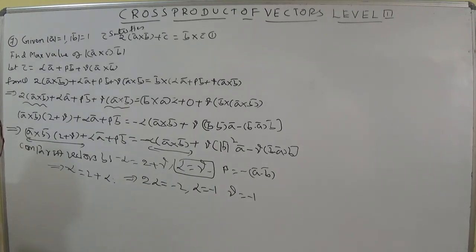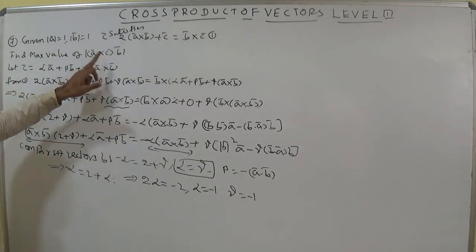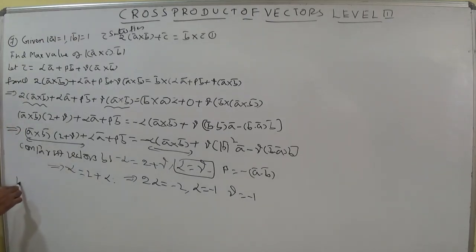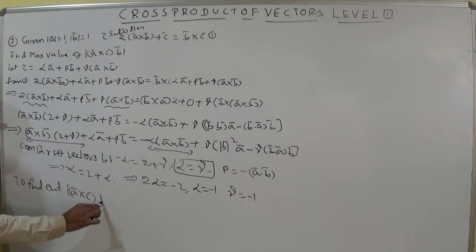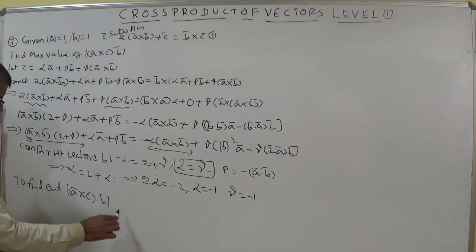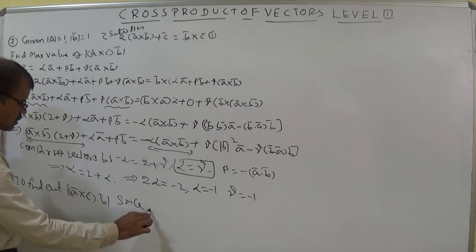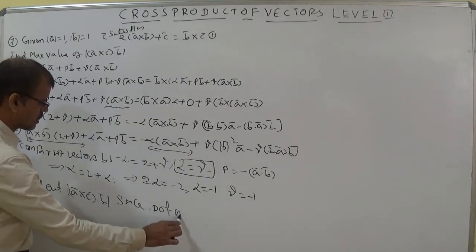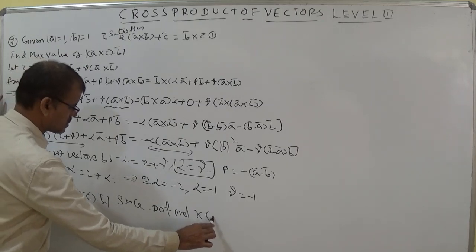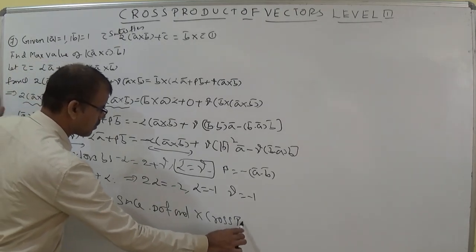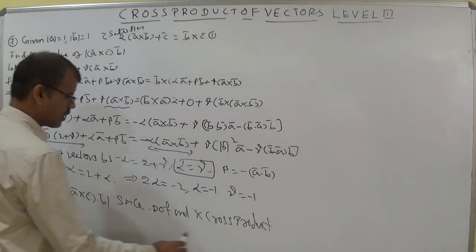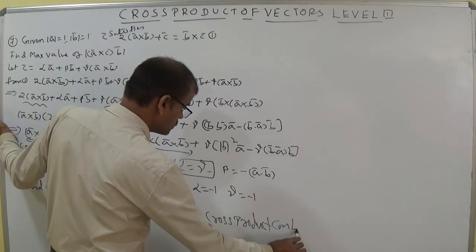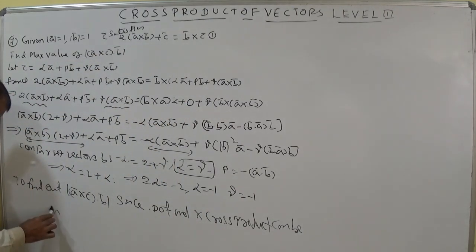Now using this, what should we find out? A cross C dot B. To find out, I am writing here, what is the value we should find out? Modulus of A cross C dot B. Since dot and cross can be interchanged, among the scalar triple product of vectors, dot and cross can be interchanged.